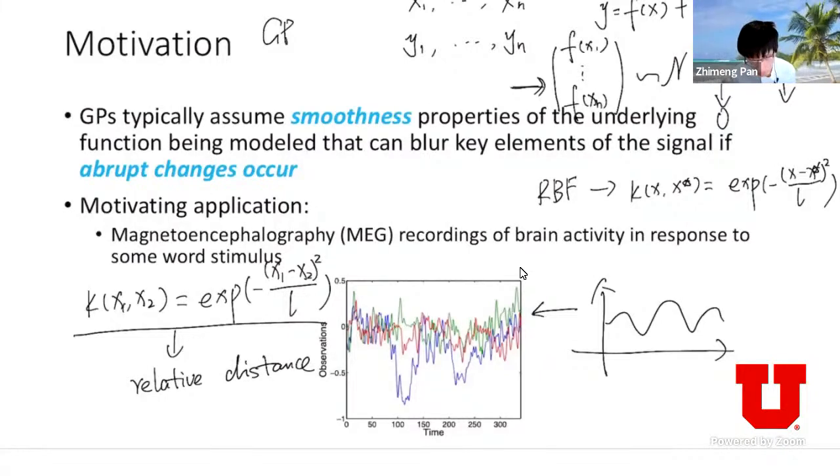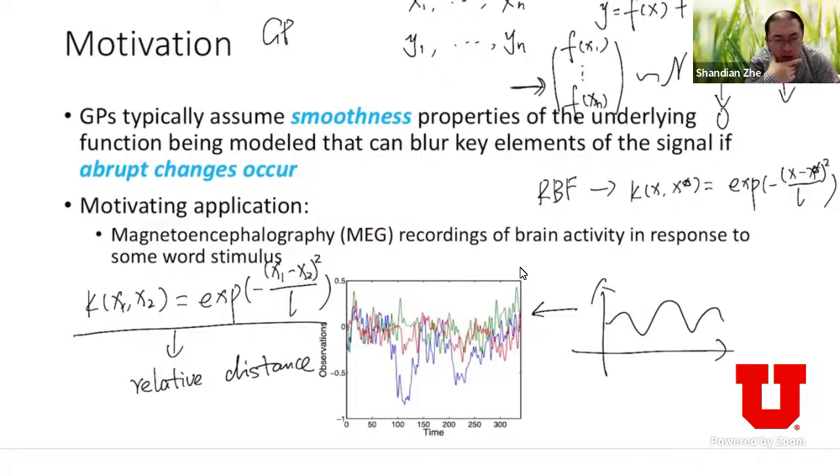And they want to infer the underlying true curve or line that corresponds to this word or this stimulus. All in all, they want to extract some shared mechanism of your brain, which can be reflected by a processed curve.